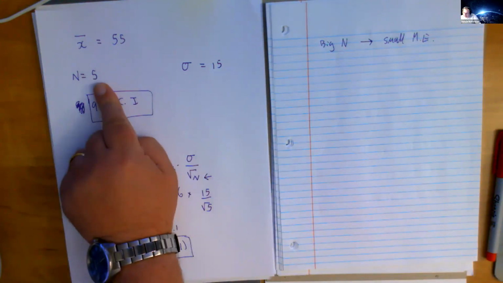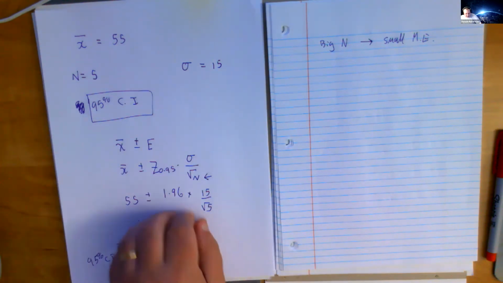Here's a question that you're sometimes asked. Let's suppose that I haven't conducted my survey yet, right? I haven't picked the 5 students I want, or the 50 students, or whatever number it's going to be. And so I haven't got this. But I would like to know how many students I need to ask to get a particular margin of error.